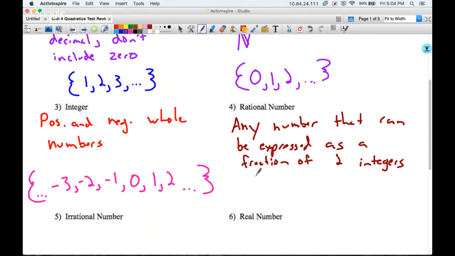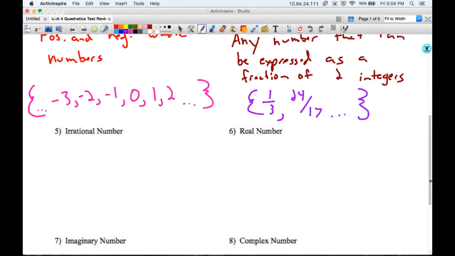So this includes things like 1/3 and 24 over 17, and on and on and on. And they used to believe that every single number, if you just thought hard enough, you could find a fraction that would represent that number, until they came up with irrational numbers.